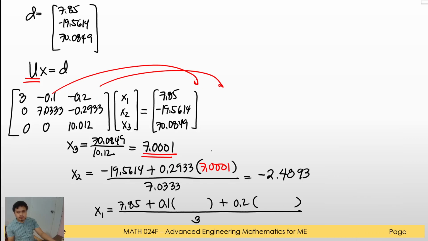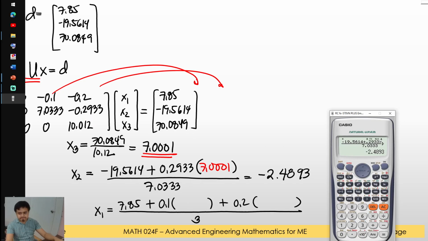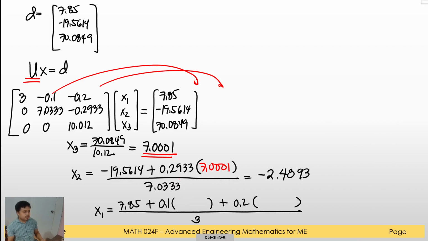Okay, and then for this third one, we substitute this first, no? So this will be negative 2.4893 and then 7.0001.